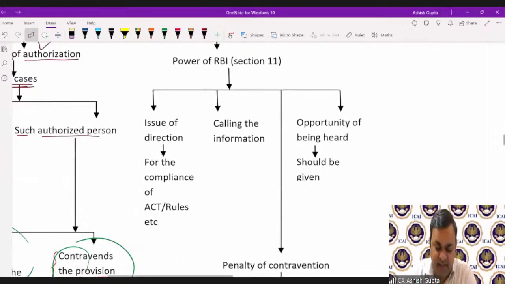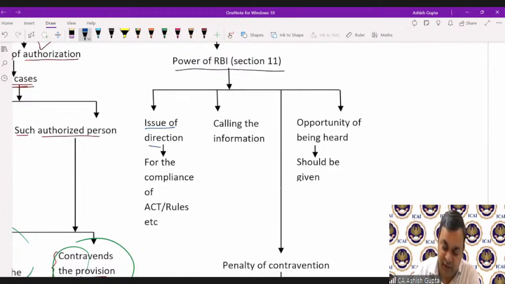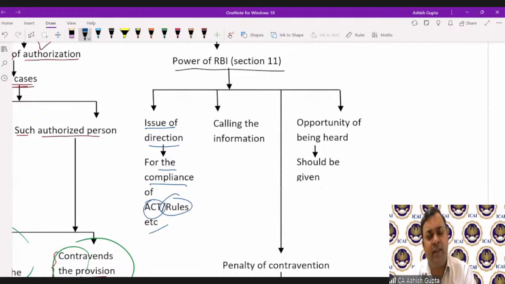Now, next, section 11 talks about the power of RBI. Section 11. First is issue of directions for the compliance of the Act, rules, etc. Right? There is a power given to RBI, like they can provide instructions for the compliance of the Act and rules.